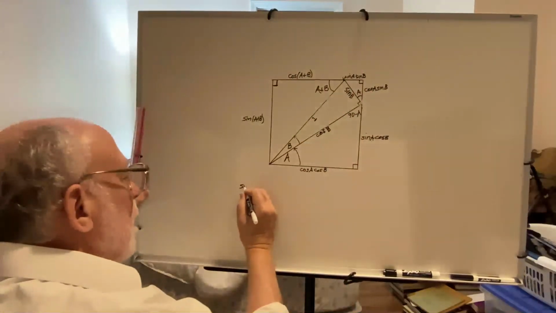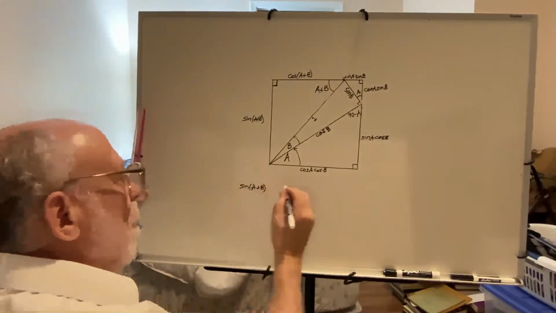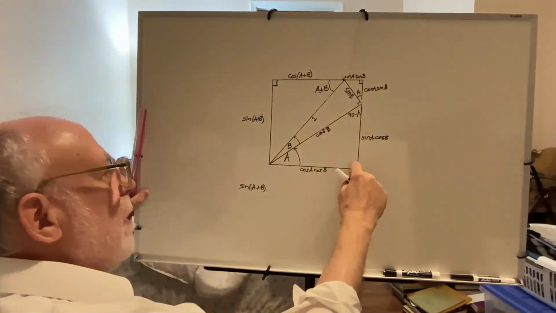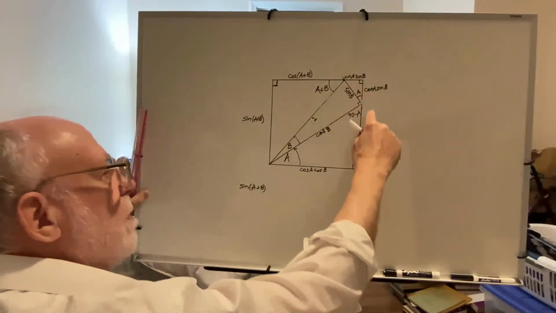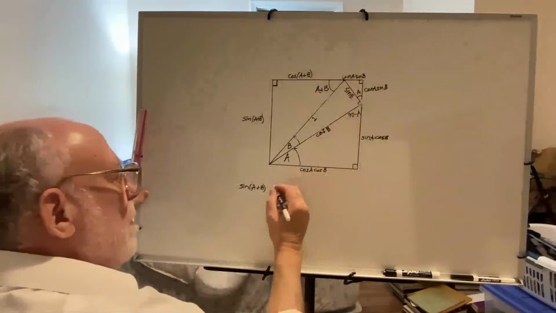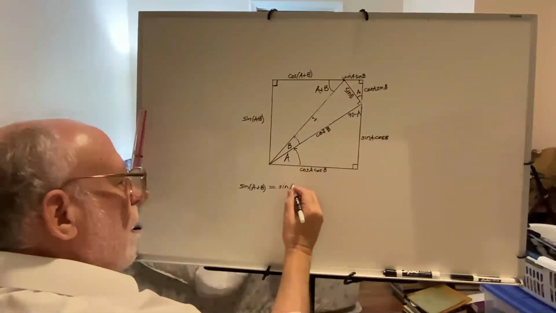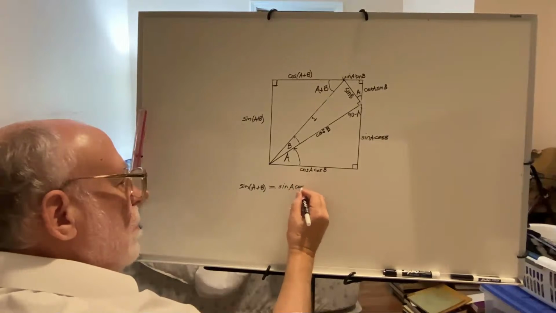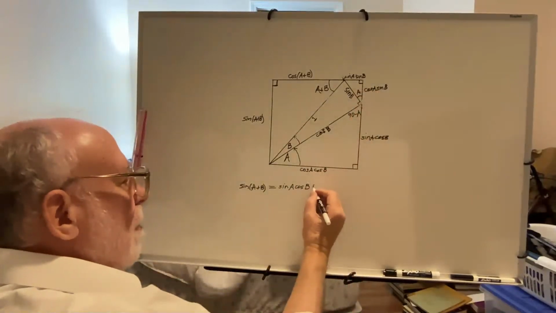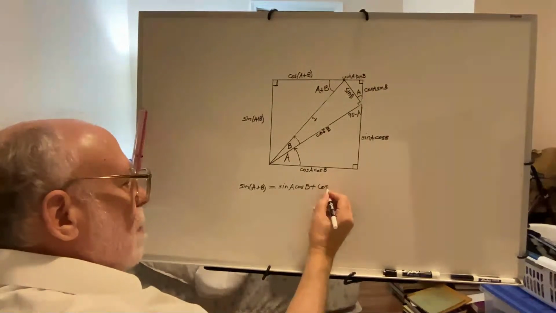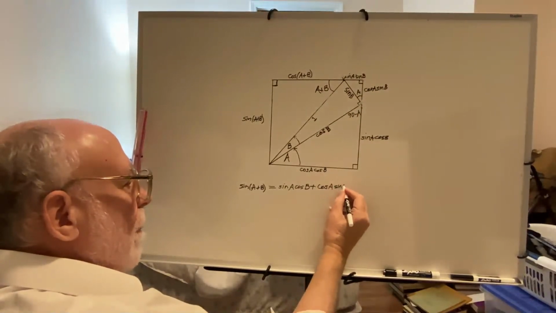The side on the left is the sine of A plus B. The side on the right is the sum of these two segments. It's sine A cosine B, and over here you get plus cosine A sine B.